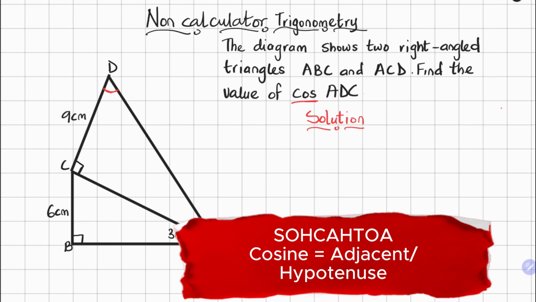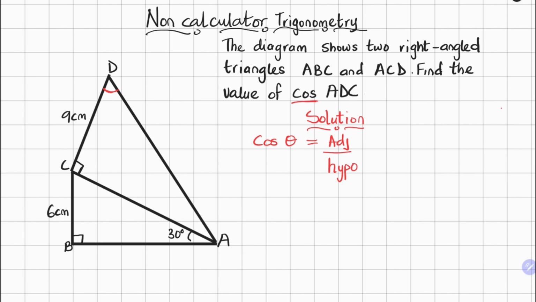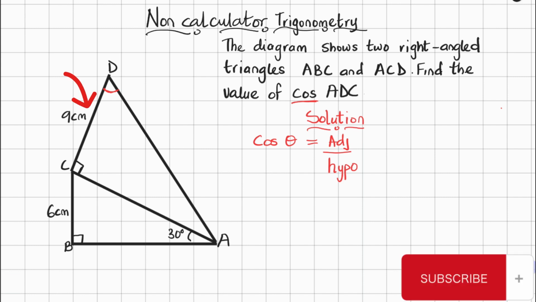Now, the cosine of ADC, the cosine of any angle at all, say cos of theta, is given by the adjacent over the hypotenuse. So you need to identify the adjacent of the triangle that corresponds to the angle you're looking at.